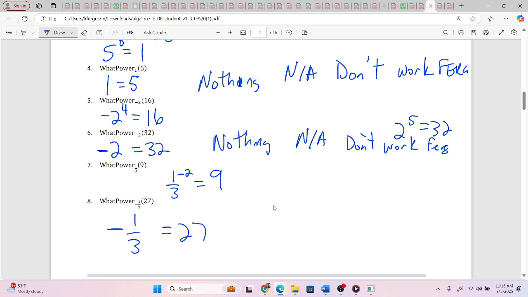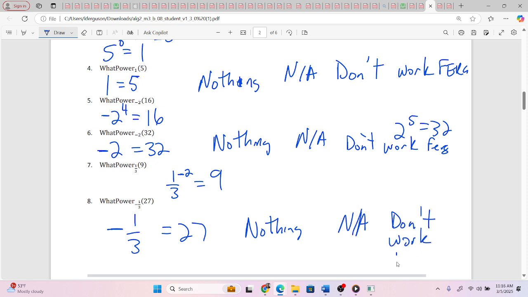Not 9. That's 9 times 3. We're doing powers. It's a negative number and that's a positive number. If I need to go to the 3rd power to make that happen, the negative's going to be there because it's an odd number. So nothing. Not applicable or don't work, Ferg.